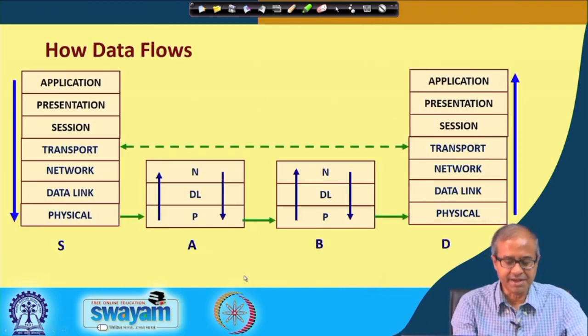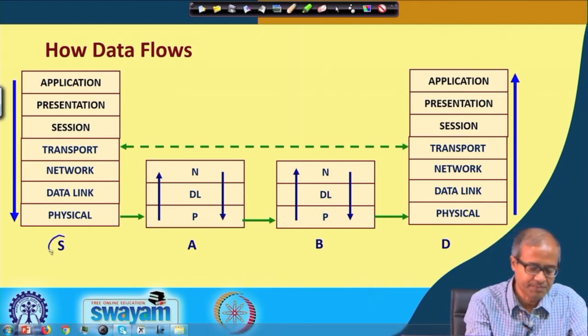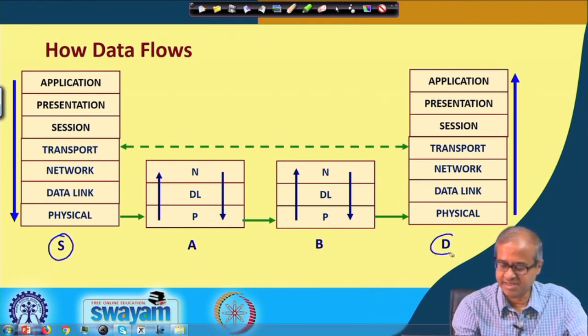Now, the way data flows can be clear from this picture. You see, this is the source, this is the final destination.